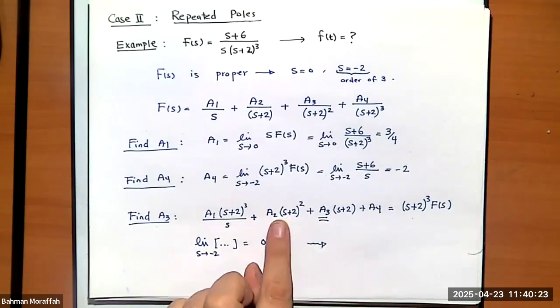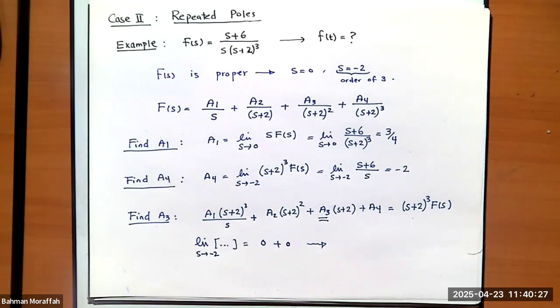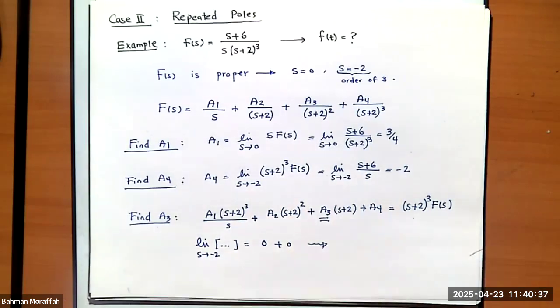Since these two have powers greater than 1, the derivative still has s plus 2 to some power. And when I find the derivative of A4, that's 0.